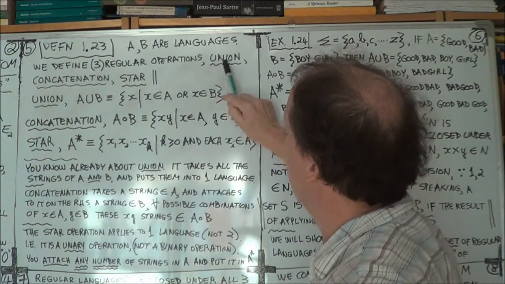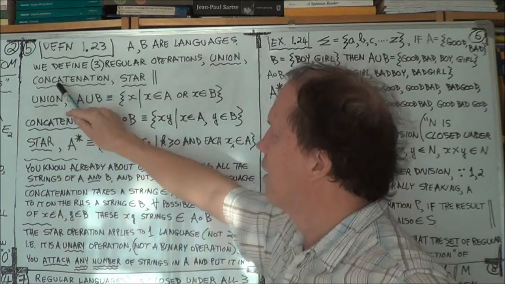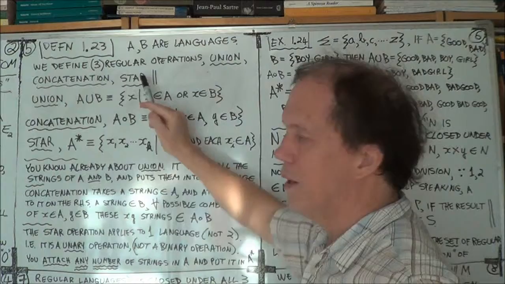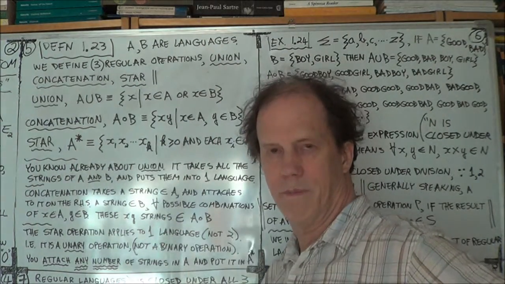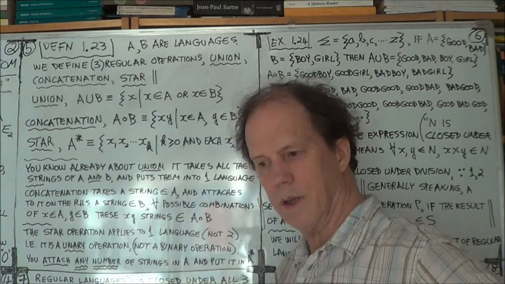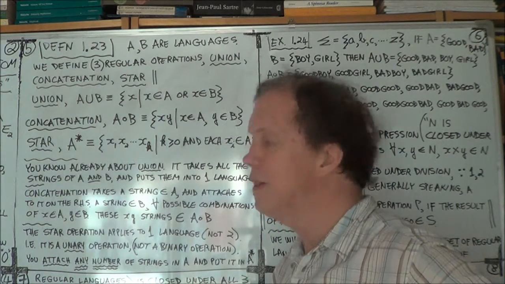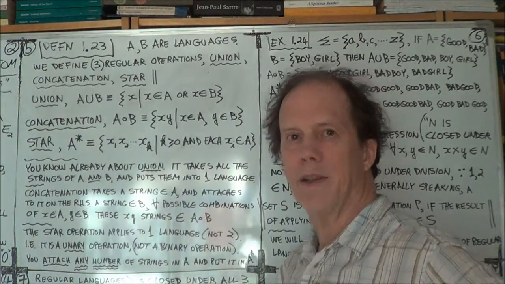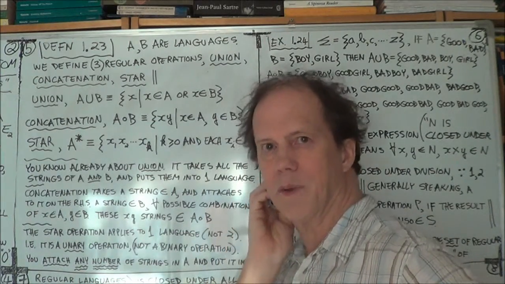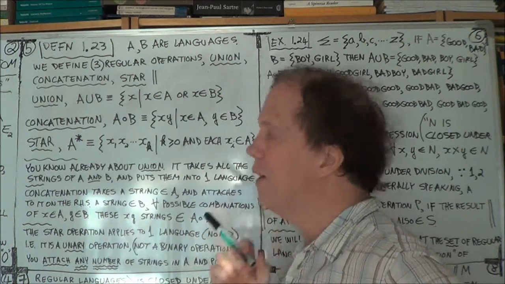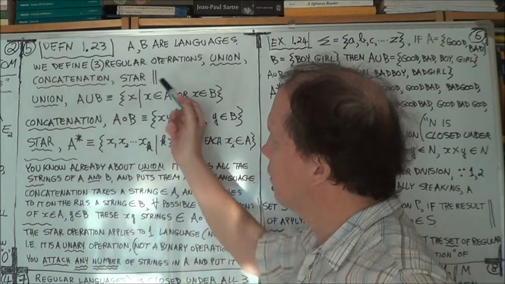The 3 names are union, concatenation, and star. Union and concatenation you're familiar with. We've done those in earlier sessions. This notion of star is new, but we'll come to that later when we define it in detail. But let's do it one by one.